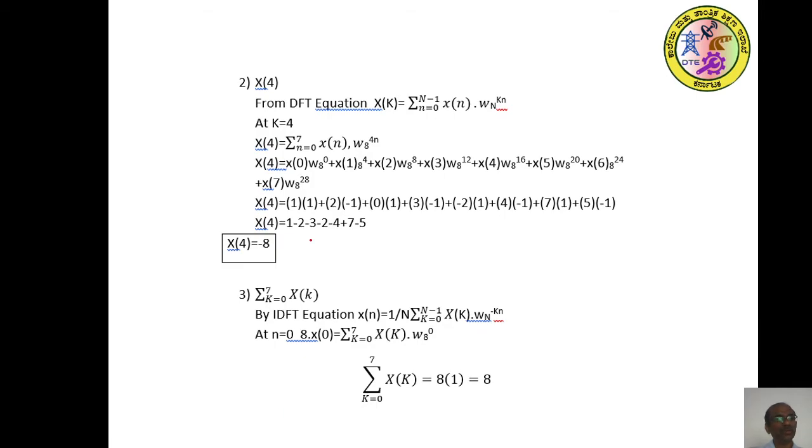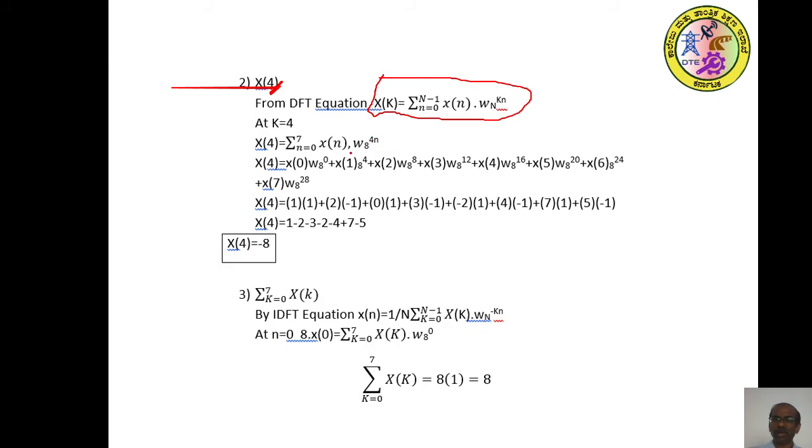Try X of 4. Same procedure, take the DFT formula. Wherever capital K is there, replace it by 4. X of 4 is equal to summation 0 to 7, because capital N is 8, x of n omega 8 power 4n.